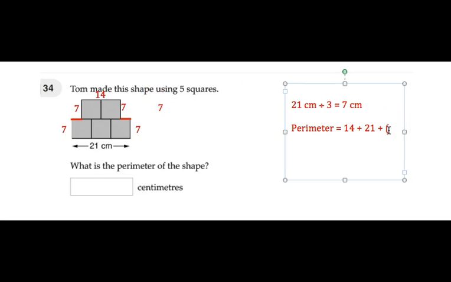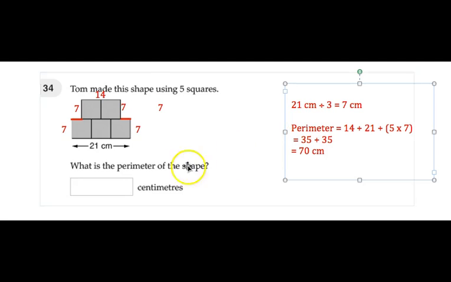So plus 5 times 7, which is 14 plus 21 is 35, plus 5 times 7 is also 35, which is 70 centimetres. So in this answer here, you just need to write 70.